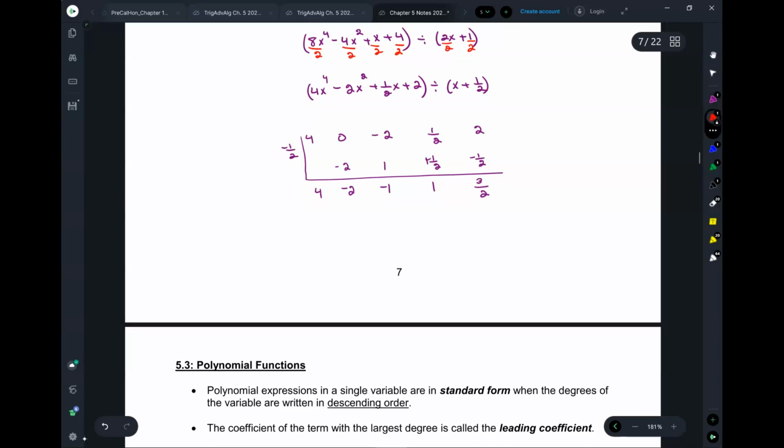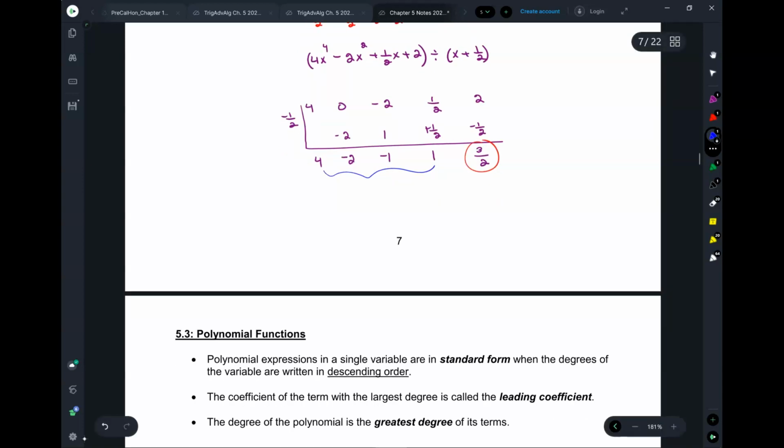Okay, so now this is the remainder. This is the quotient. By the way, that blue that I've highlighted, that's also called, technical terms, the depressed polynomial. But it's got nothing to do with an emotional state. It's just because it's like depressed, right? It's like pressed down. It's like a French press, right?